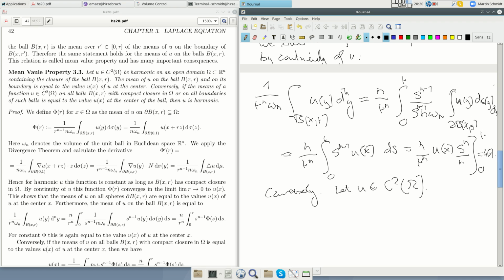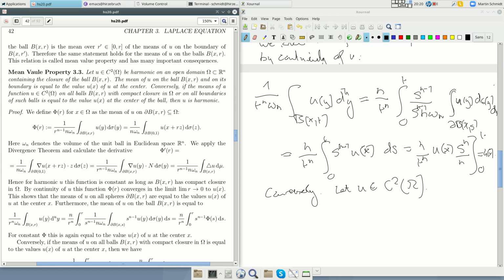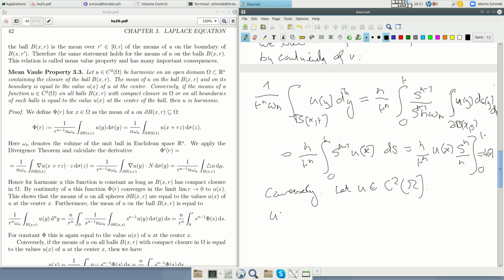And let's assume that for all balls, and now we first start again with the statement of the boundary of the balls. Yeah, no, sorry, now this time we start with the balls, conversely. And u of x is equal to 1, if we first consider the following statement.